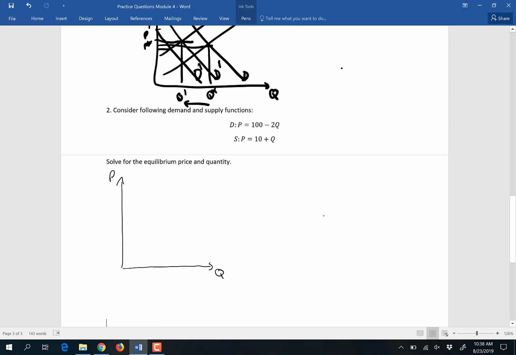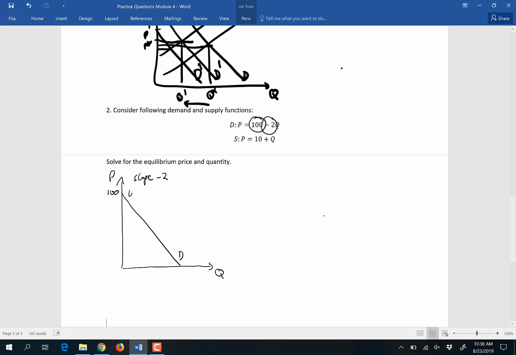Let's put in what we know. So this is the demand function. I know it starts at 100. That's the intercept. Note the first number is the intercept. And then the slope is -2. That's the coefficient in front of the q, including the sign.